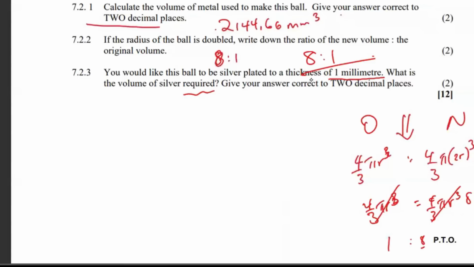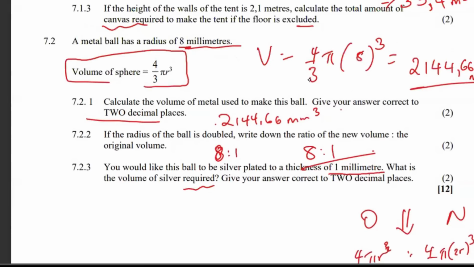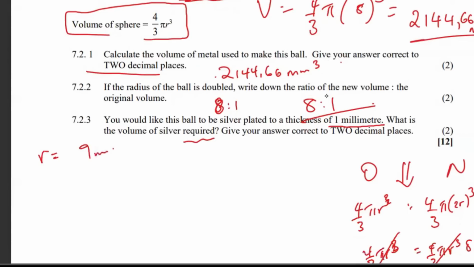For me to get the volume of silver that is required, it's as good as me increasing the radius of the sphere by just 1 millimeter. So which means the new radius is going to be 9 millimeters. So let me get the volume with 9 millimeters, and then I'll subtract the 2. That will give me the volume of the silver required.